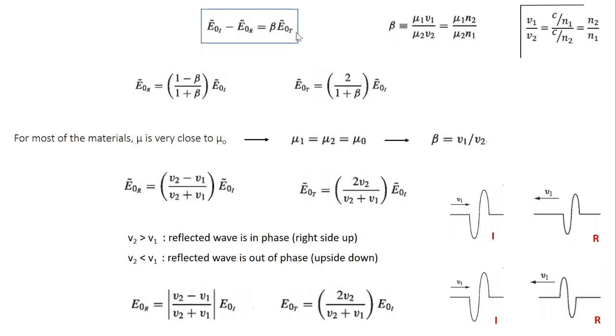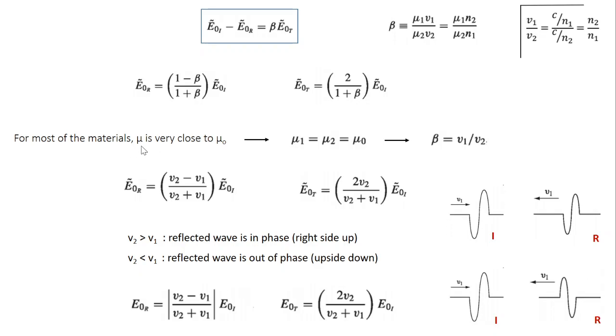In the other equation, substitute for E naught T. So you get an equation with respect to E naught I and E naught R. Rearrange the terms, you get E naught R complex equal to 1 minus beta divided by 1 plus beta into E naught I. So you have a relation between incident field and reflected field here. Similarly, incident field and transmitted field here. We can simplify this further.